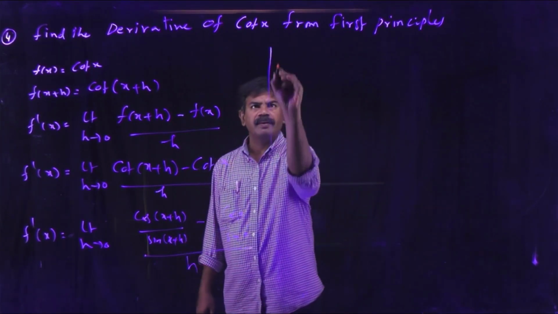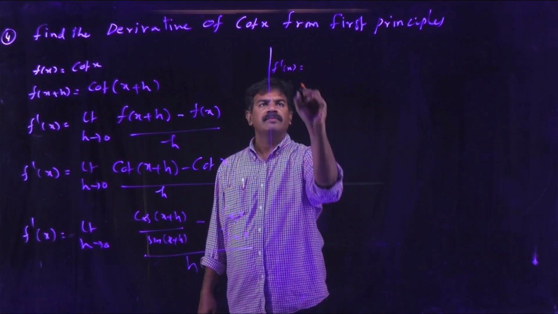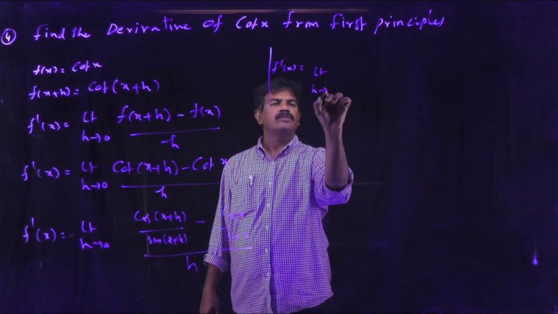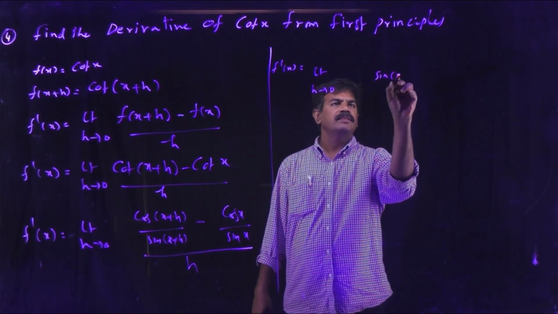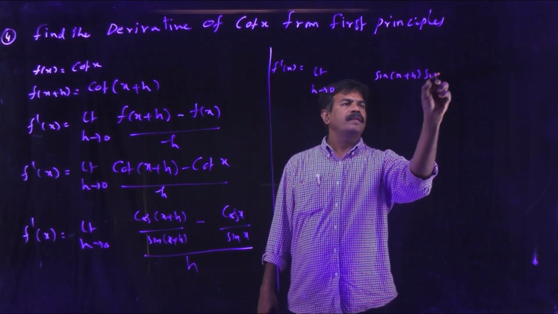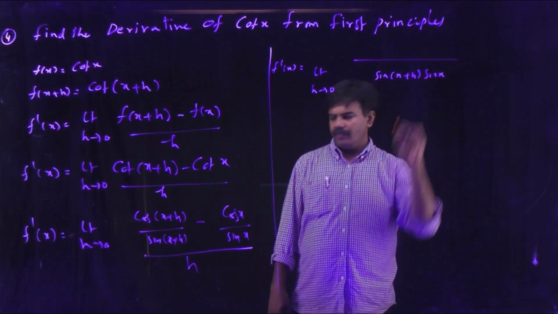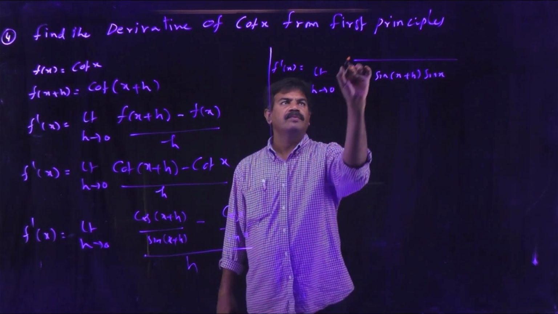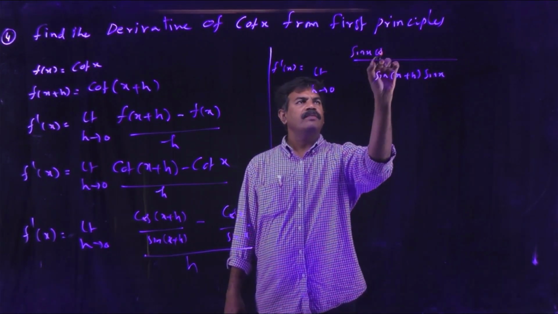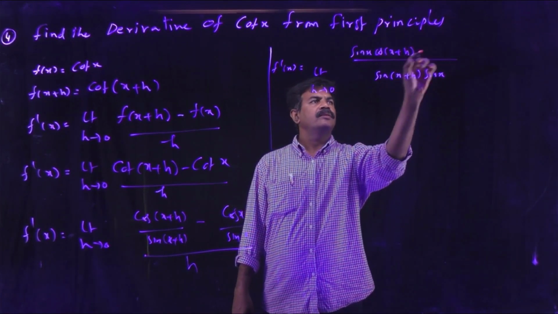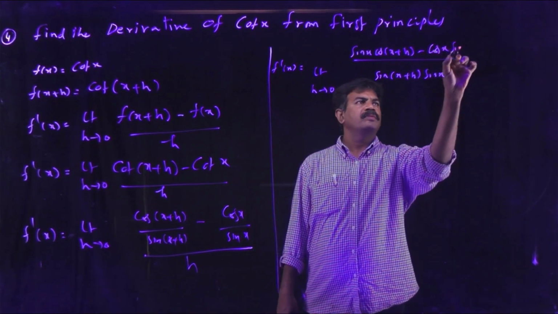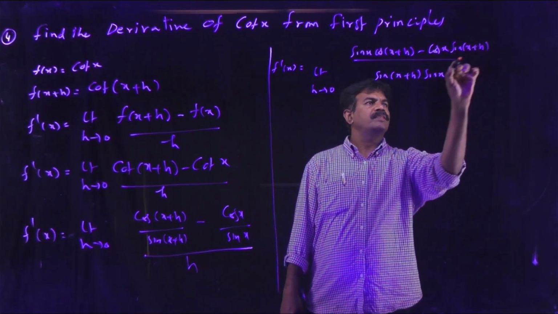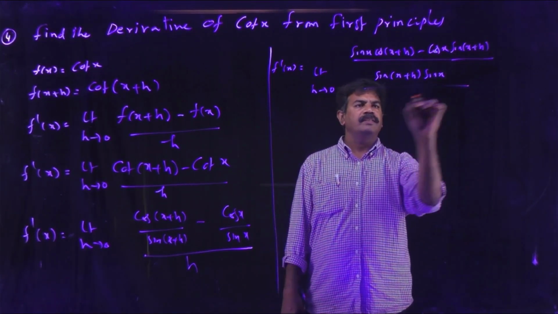It is f dash x is equal to limit h tends to 0. The LCM is sin of x plus h into sin x. That is sin x into cos of x plus h minus cos x into sin of x plus h by h.